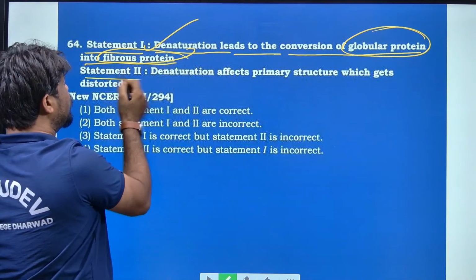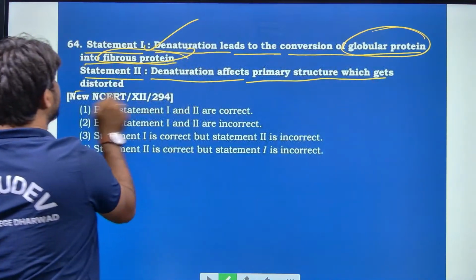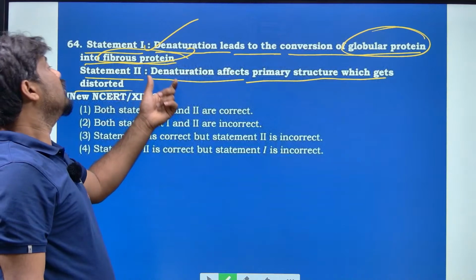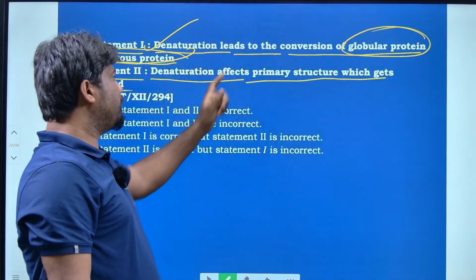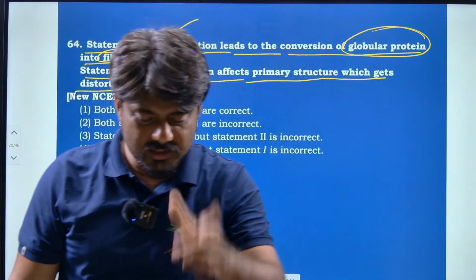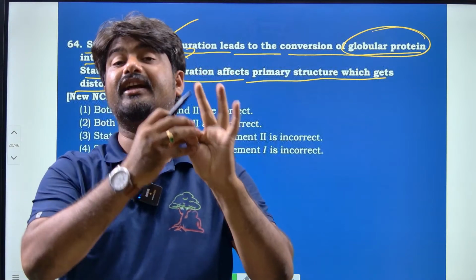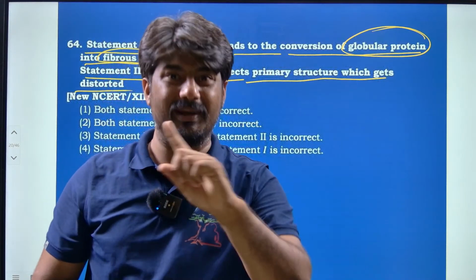Next, go to statement 2. Denaturation after primary structure which gets distorted. They are saying that after denaturation, the primary structure will get destroyed. Actually, during the process of denaturation, secondary and tertiary structures get destroyed, not primary.